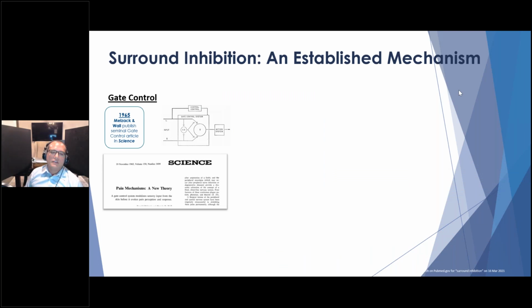So the next iteration is surround inhibition, which is an established mechanism. The surround inhibition happened, again, way back in 1969. So to reiterate, because repetition is good, in 1965 there was the Melzack and Wall gate control theory.